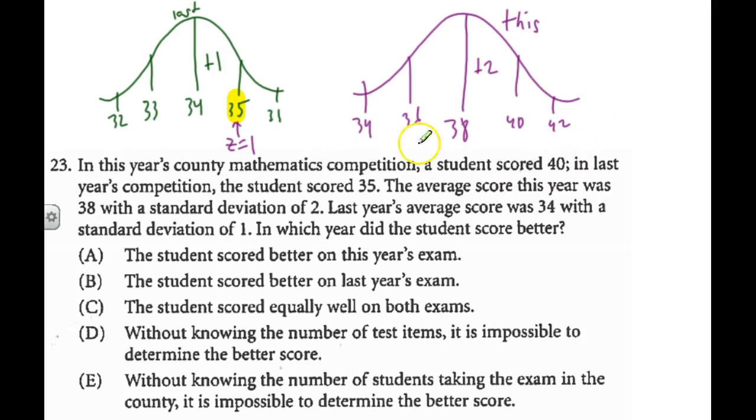And I think his score this year was 40, which again, I can do that standard deviation. I don't have to use any kind of inverse norm or any commands to figure that out. I would just say z equals 1. Z equals 1, and for both of these, they're exactly 1 standard deviation to the right, so they scored equally well. There's really no way to tell that he scored better in one than the other.